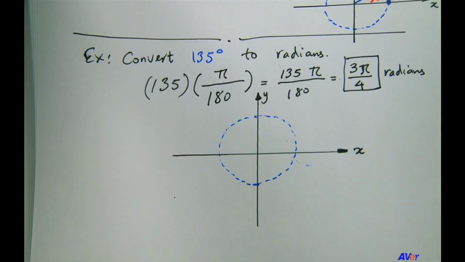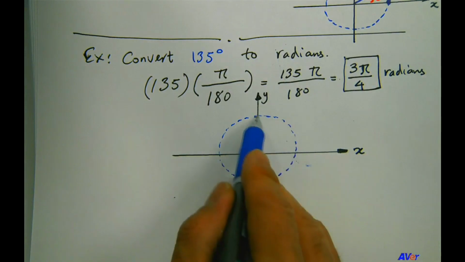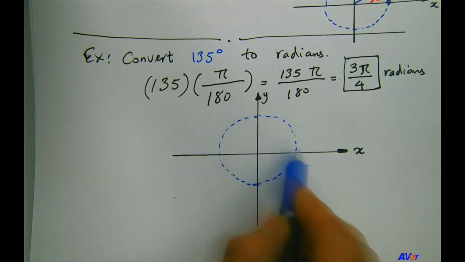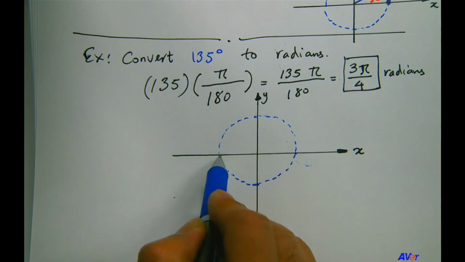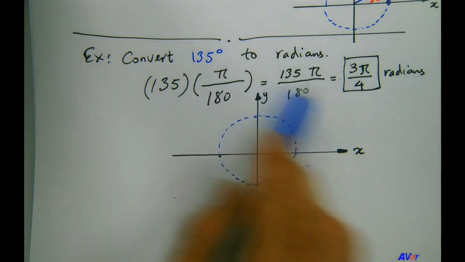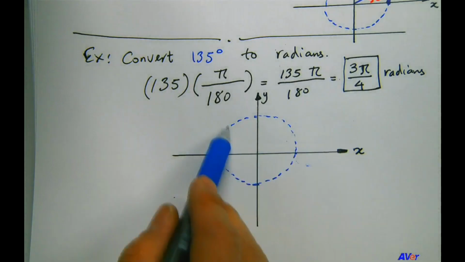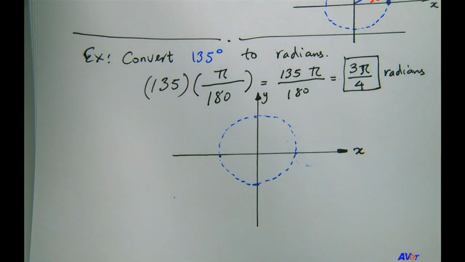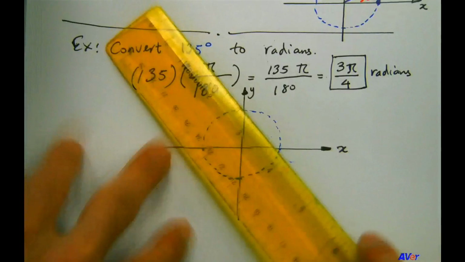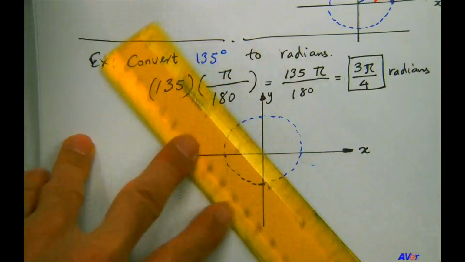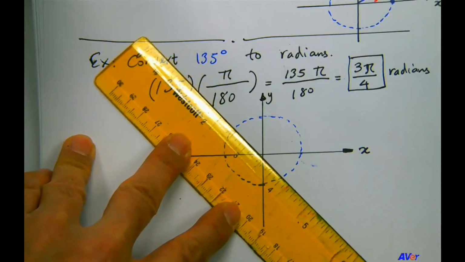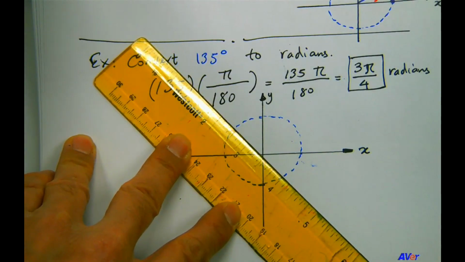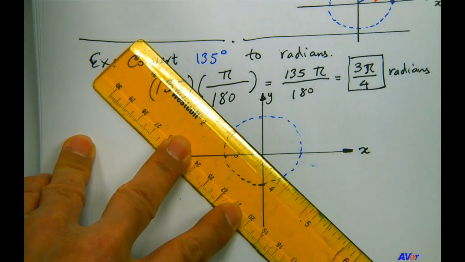And let's see, so 135 degrees. We know from here to here is 90 degrees. From here all the way to here would be 180 degrees. So 135 or 3 pi over 4 is somewhere in the middle. Let's say it is here, bisecting the second quadrant.